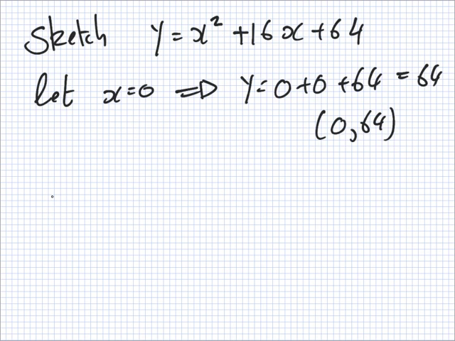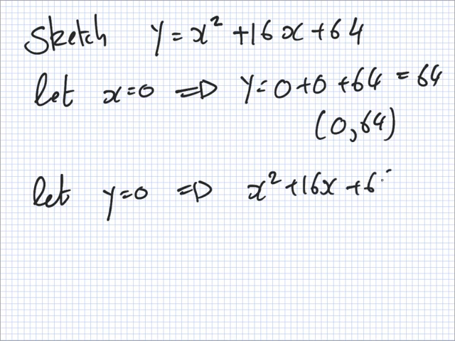Okay, next, the x-intercept, also called the roots, let y equals 0. So that means we have x squared plus 16x plus 64 equals 0. Okay, two numbers which multiply to make 64 and add to make 16, 8 and 8.